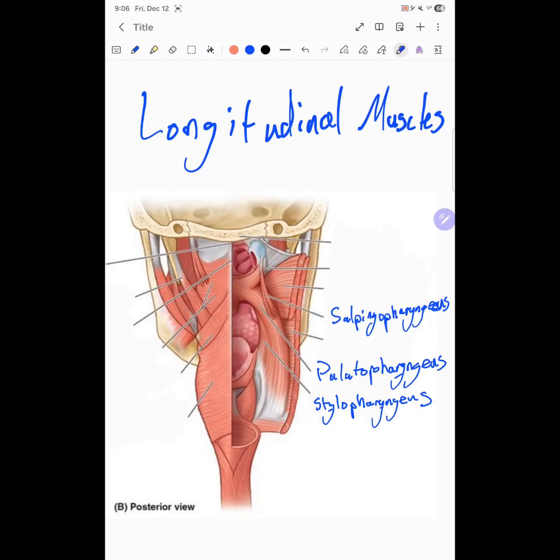It's going to elevate, shorten, and widen the pharynx and larynx during swallowing and speaking. Basically, to wrap it up, the longitudinal muscles shorten, elevate, and widen the pharynx so food can move through it, while the circular muscles contract step by step to move the food bolus down.